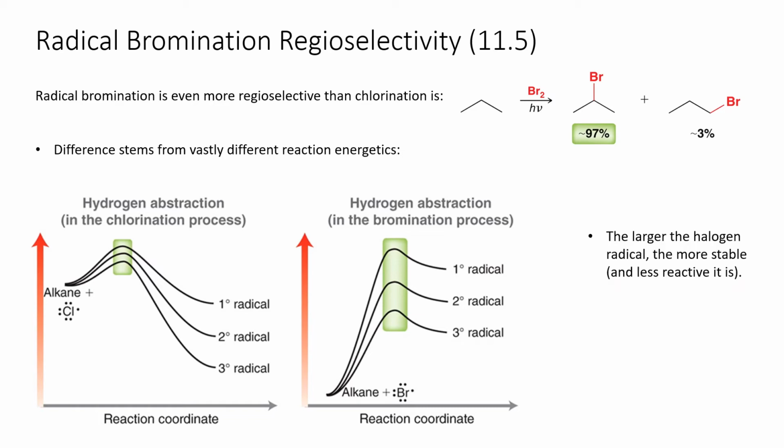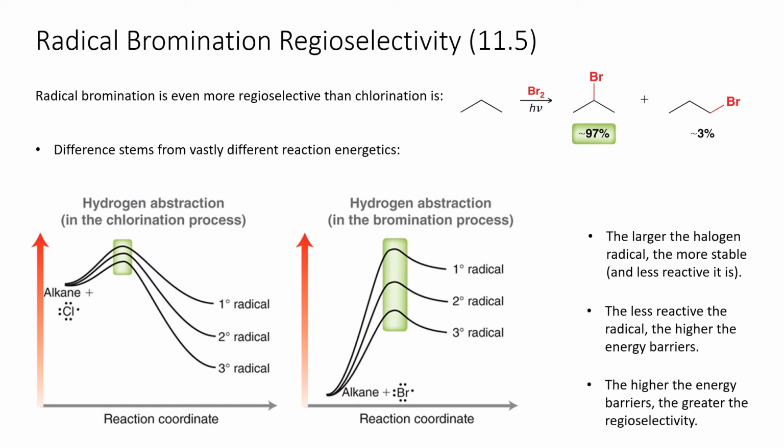So when we're looking at this, the larger the halogen radical, the more stable and the less reactive it is. The less reactive the radical, the higher the energy barriers. So we see for a primary, that energy barrier is much larger. Also, that means the higher the energy barrier, the greater the regioselectivity.